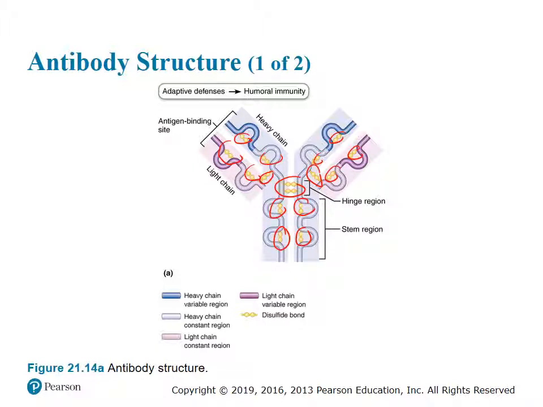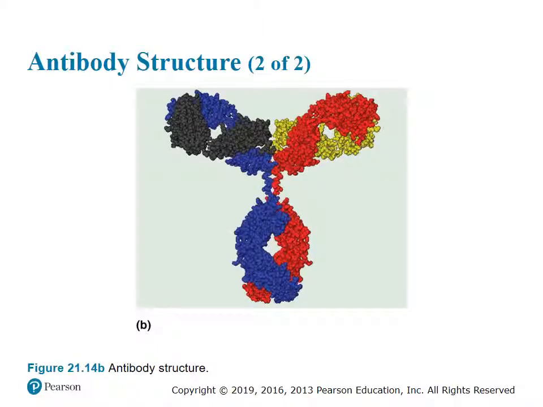This line is your amino acid chain forming this shape here, that shape there, and that shape here, and then they all get bound together, creating that Y shape. Here's another structure showing you that each color represents a different amino acid chain, a different peptide. Call this a peptide.